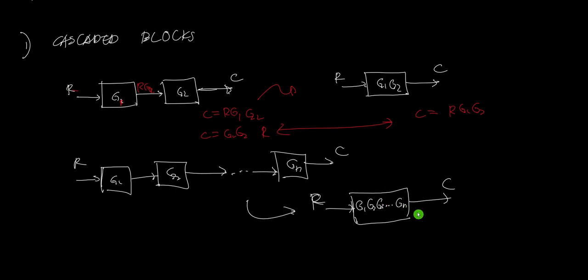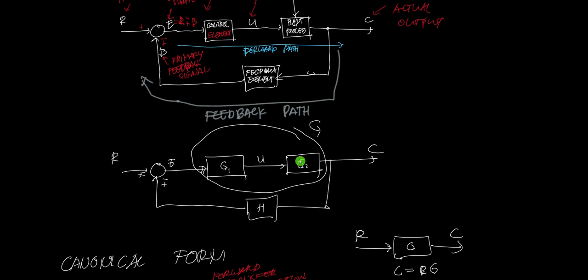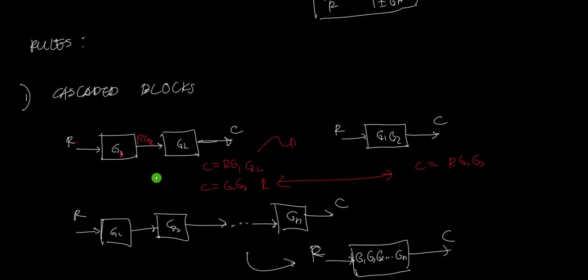That's how we simplify cascaded blocks. We just multiply the transfer functions in the same path. So in this example, G will be just equal to G1 times G2 because they are cascaded blocks. Okay, so that's the first rule, cascaded blocks.